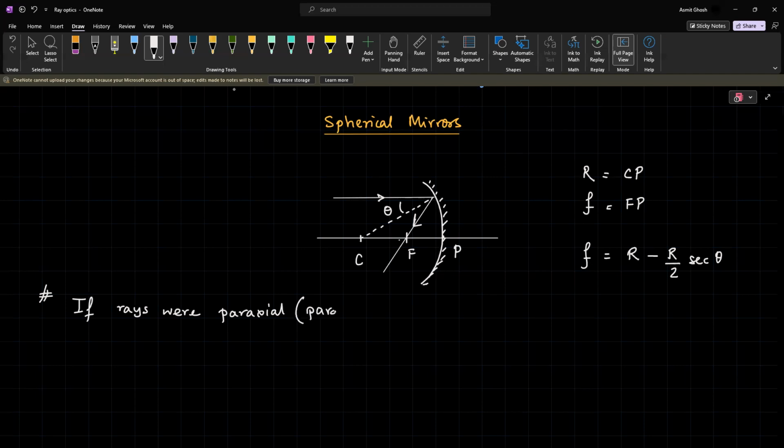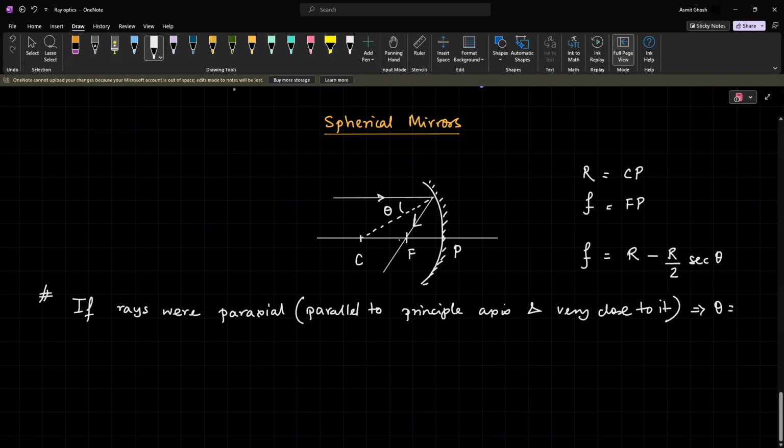Parallel to the principal axis and very close to it, which implies that theta is approximately 0. Then focus is equal to R by 2.